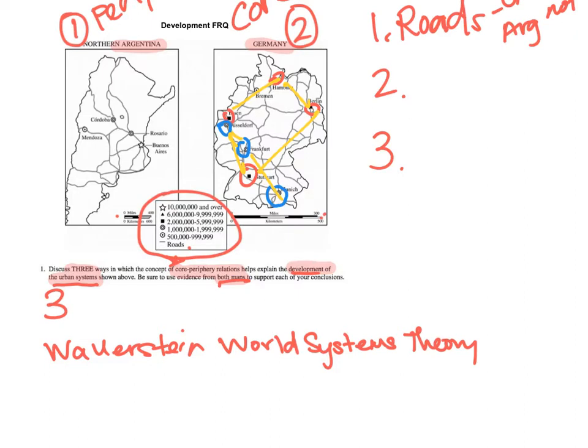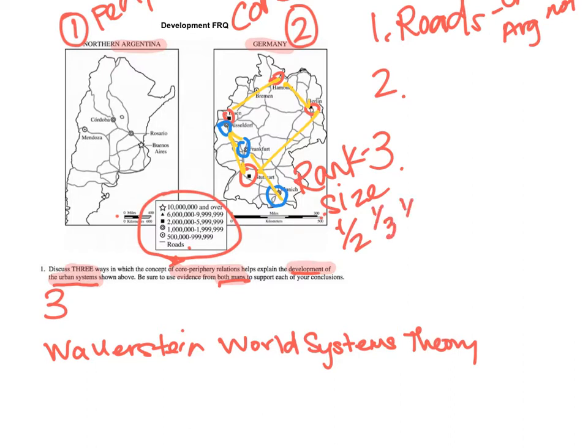This actually looks a lot more like rank size rule. Rank size rule, remember, is you've got the biggest city that is a certain population, and then the second biggest city is 1/2, the third biggest city is 1/3 the size of the biggest city.